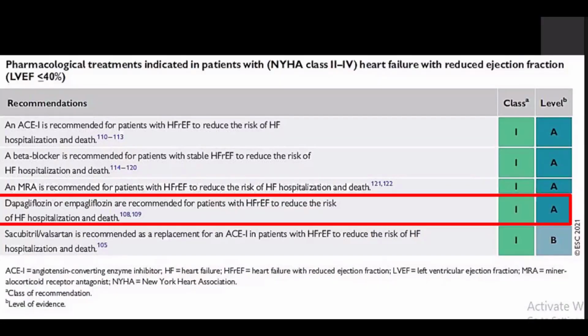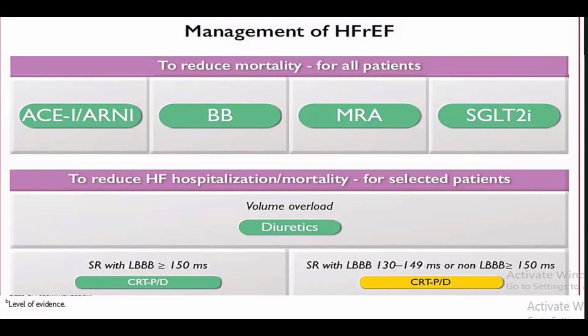So in case of patients having heart failure with reduced ejection fraction, dapagliflozin, or these are the ESC guidelines, they are recommended to reduce the risk of hospitalization. SGLT2 inhibitors are now the fourth pillar of the heart failure management protocol.